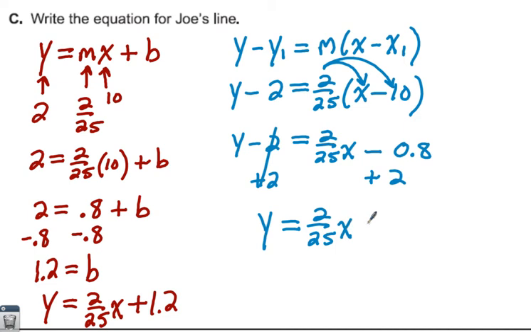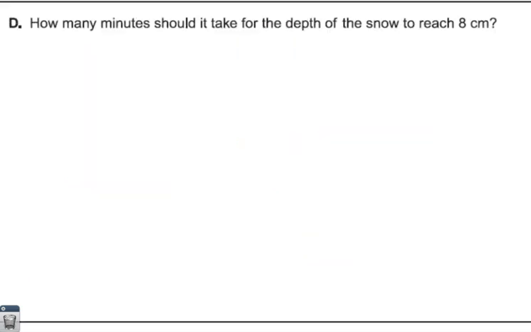Negative 0.8 plus 2 is 1.2. Either way, no matter what strategy you use, if you finish off in y equals mx plus b form, you'd get the same answer, of course. Anyway, let's move on to part D and finish this up.